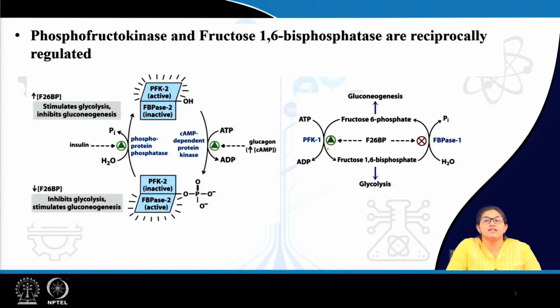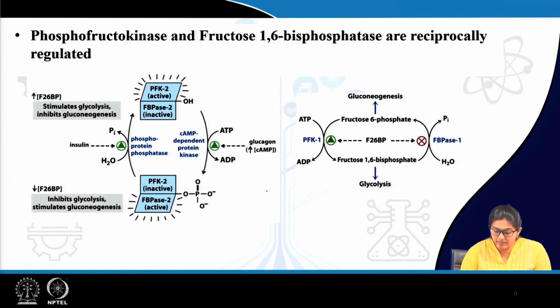Now, let us see how this reciprocal regulation by fructose 2,6 bisphosphate is delivered. Fructose 2,6 bisphosphate is basically a byproduct of glycolysis.